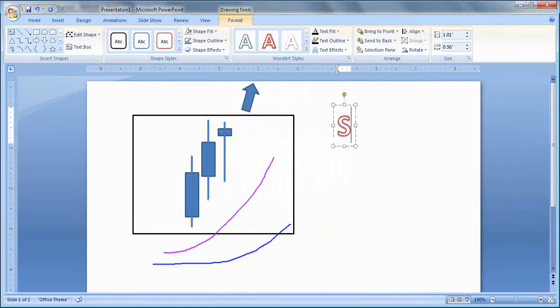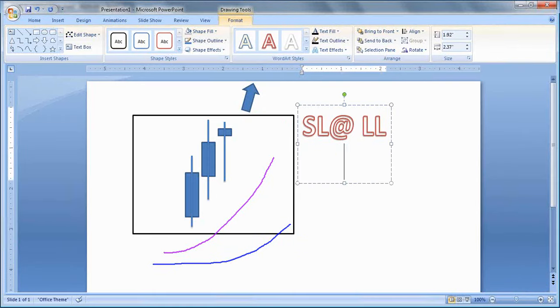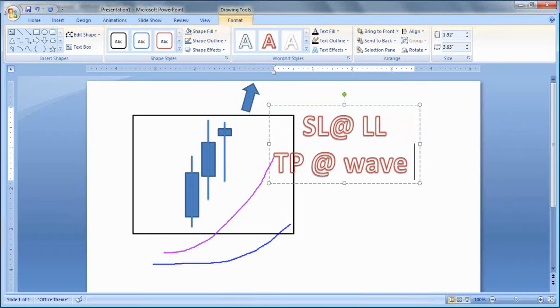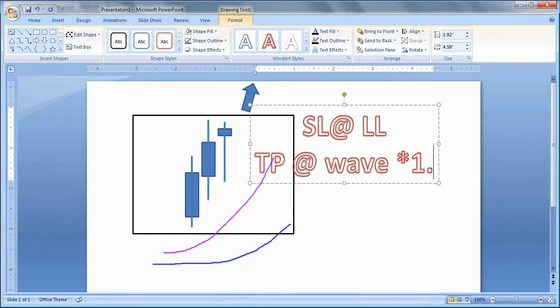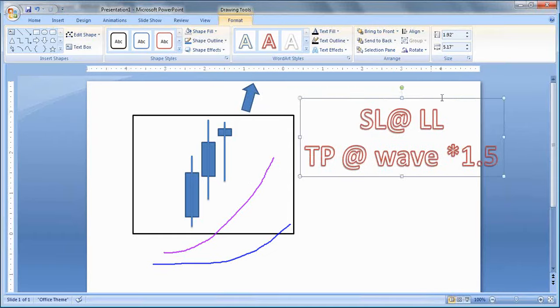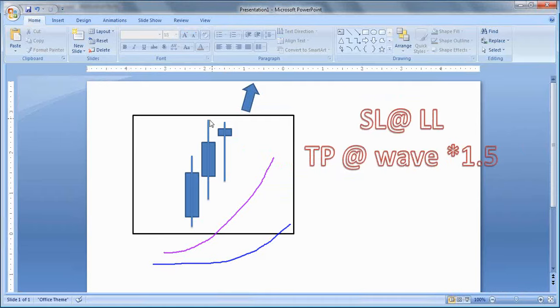So SL at lowest low, TP at wave multiplied by 1.5. Okay, this is your wave, from the high to the low. So whatever is your total wave, multiplied by 1.5, that becomes your take profit, and your stop loss is the bottom of your wave.